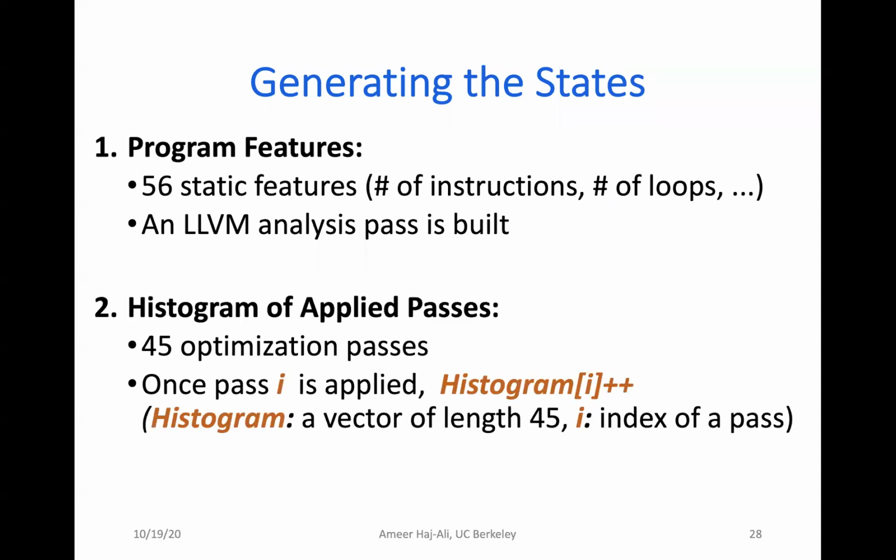And we also concatenated to that a histogram of previously applied passes. This was helpful in realizing which passes have been applied too much or not too much. Sometimes applying the same pass is useful, sometimes it is not useful. And this sped up the training process.